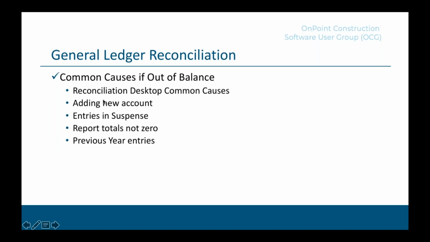So the causes of being out of balance: adding a new account that's not in the range of the report design that you're using, if you're pulling it from the financial statement designer, or entries are in the suspense account, because a suspense account does not show up on the financial statement, so it'll be out of balance.